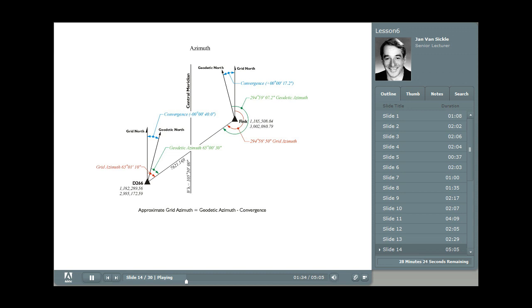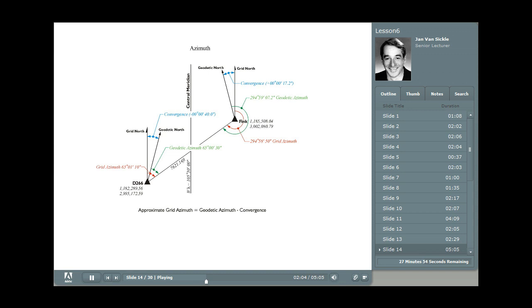Of course, on the surface of the Earth, meridians converge at the North Pole. So therefore, there is this value shown here in blue called convergence. That means the difference between geodetic north, that direction along the meridian that would converge at the North Pole, and grid north, this direction that's parallel to the central meridian of the zone.